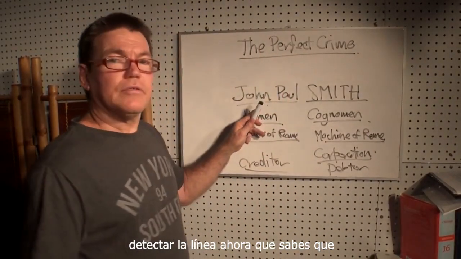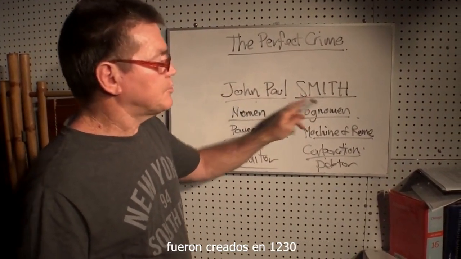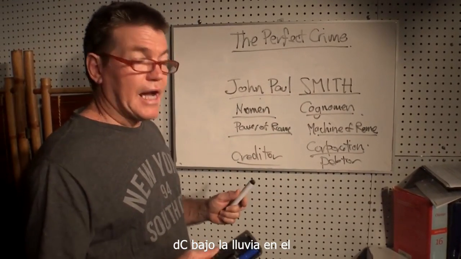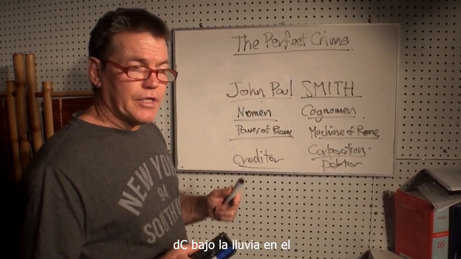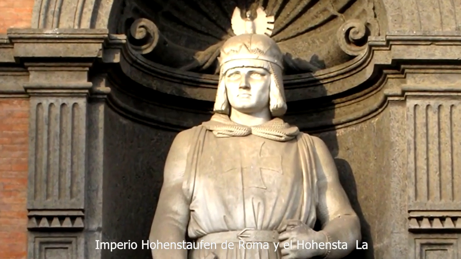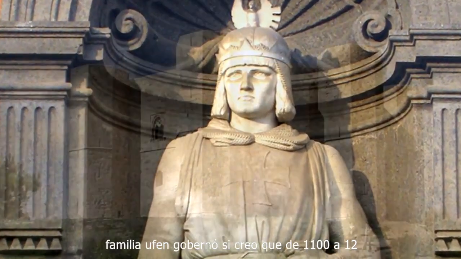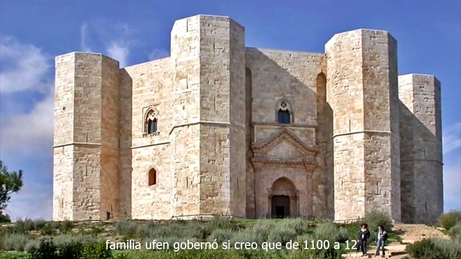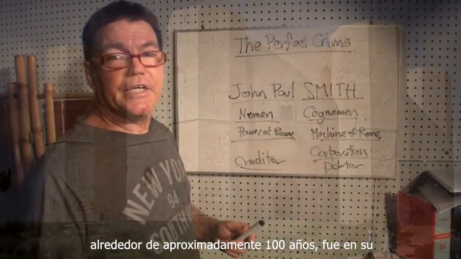So now that you know that there's two names, and these two names were created in 1230 AD in the reign of the Hohenstaufen Empire of Rome, when the Hohenstaufen family ruled, I think from 1100 to 12 something, roughly 100 years.